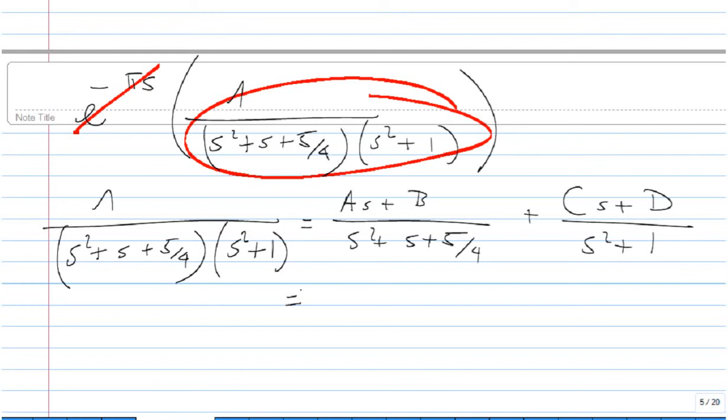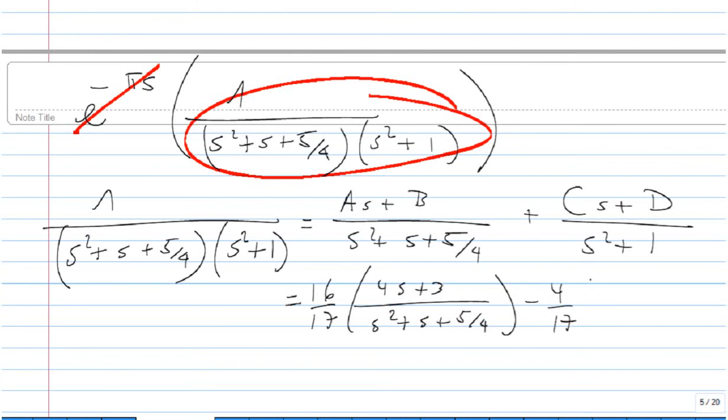Here I'm not going to do the details of the algebra to find a, b, c, d. I'll leave it to the listener to do that. Just pure algebra. So this is 16 over 17 times 4s plus 3 over s squared plus s plus 5/4, and then minus 4 over 17 times 4s minus 1 over s squared plus 1.